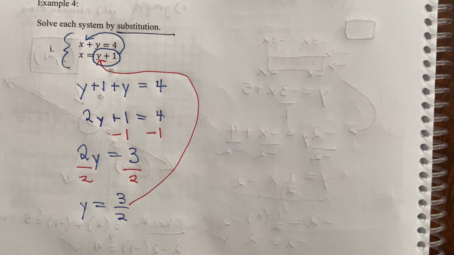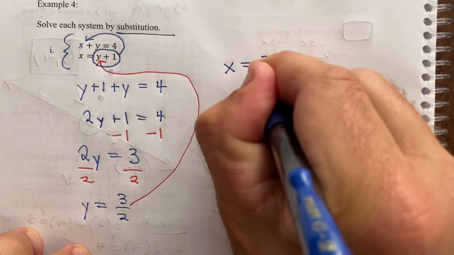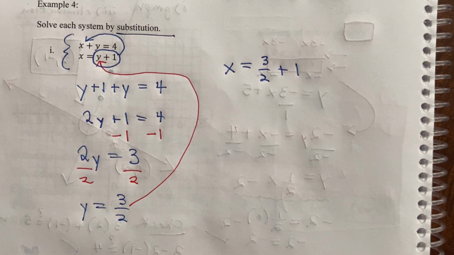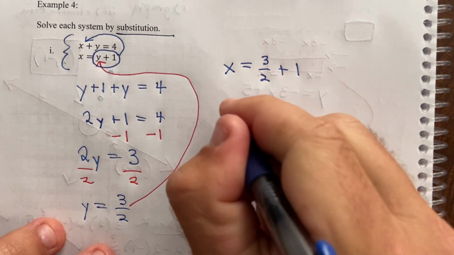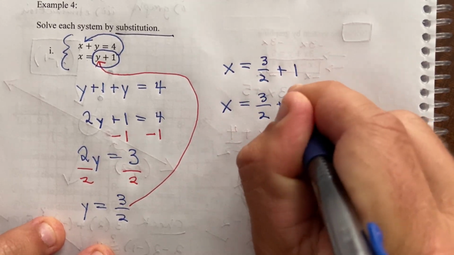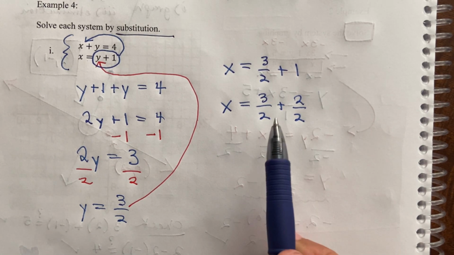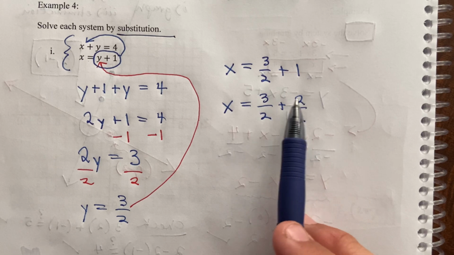So I'll go ahead and do that. So x would equal 3 halves plus 1. Right? 1 is the same as 2 halves in terms of a common denominator. So 5 halves, right? If you have the same denominator, you add numerators.